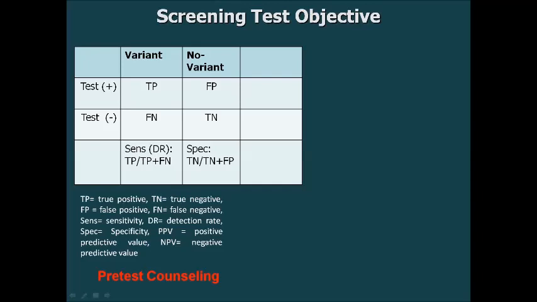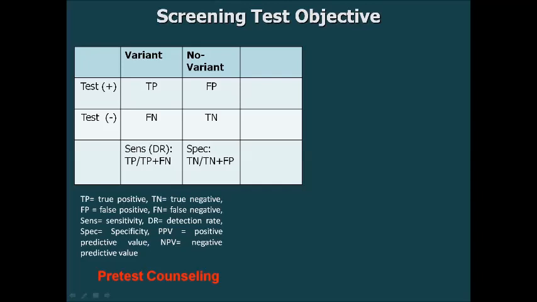On the left are those patients that test positive or those patients that test negative. You can see that TP refers to the true positives, FP for the false positive, FN for the false negatives on the bottom left, and on the bottom right, true negatives for those that test negative.